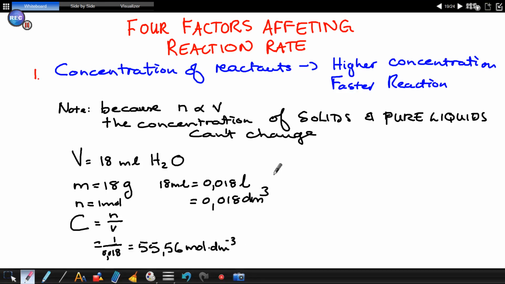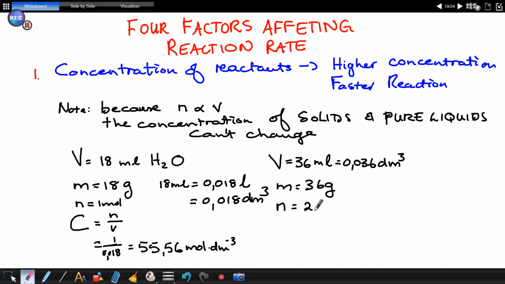Let's work with it. Let's double the volume to 36 milliliters, which is 0.036 cubic decimeters. What will the mass of the water be? It will also double to 36 grams. How many moles would you then have?